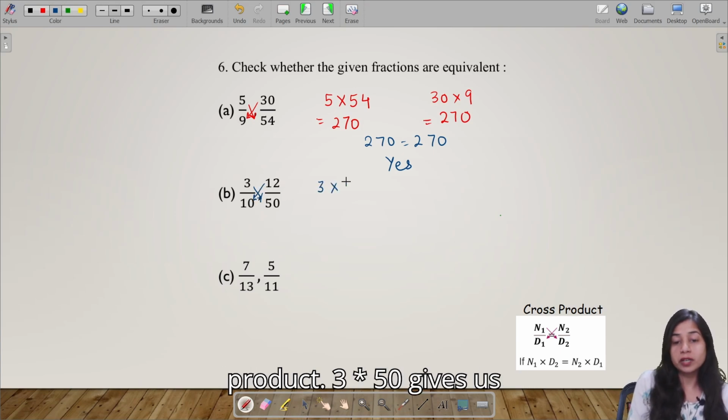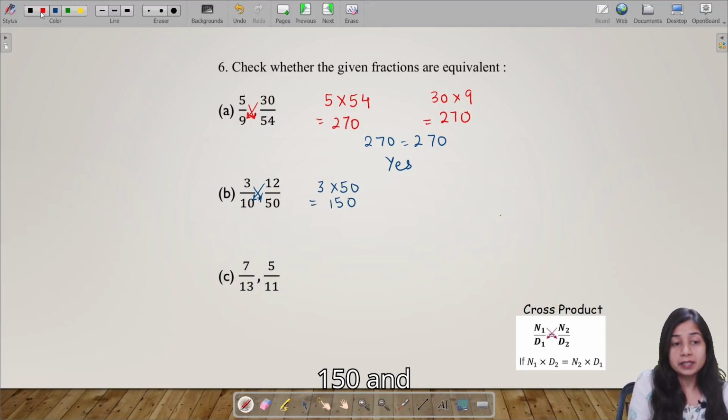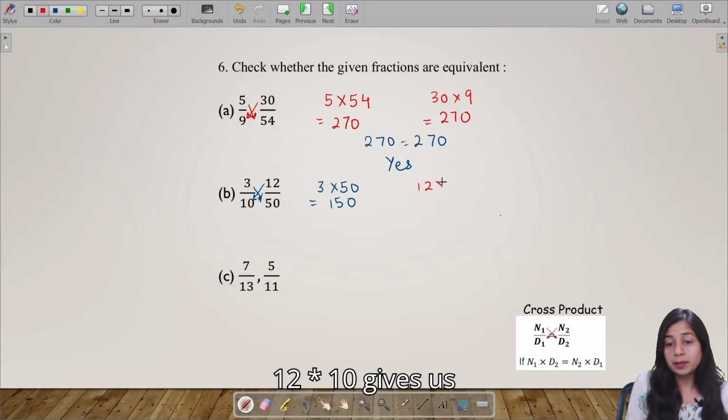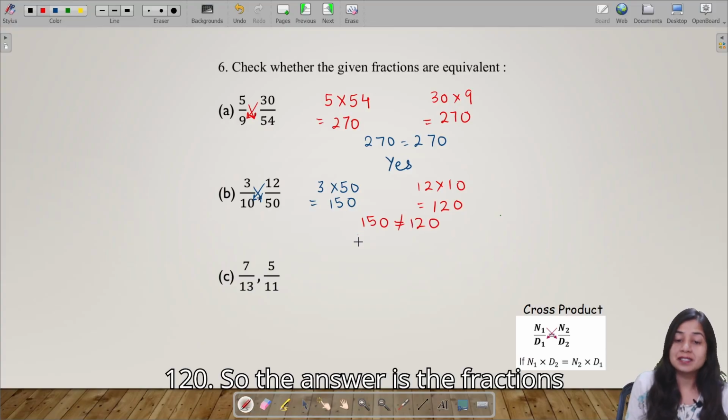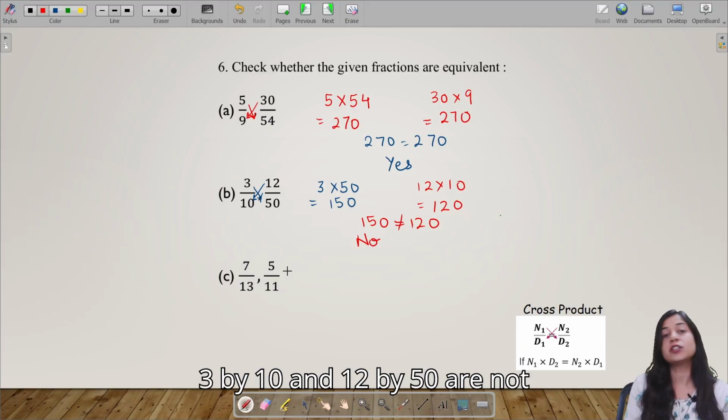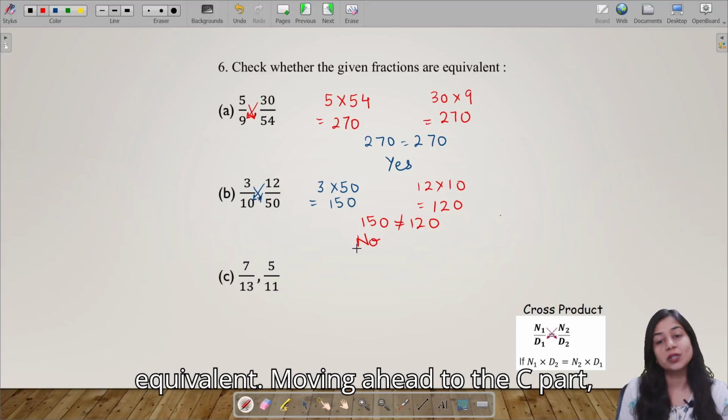Let's check out the product. 3 multiplied by 50 gives us 150 and 12 multiplied by 10 gives us 120. So clearly 150 is not equal to 120. So the answer is the fractions 3 by 10 and 12 by 50 are not equivalent.